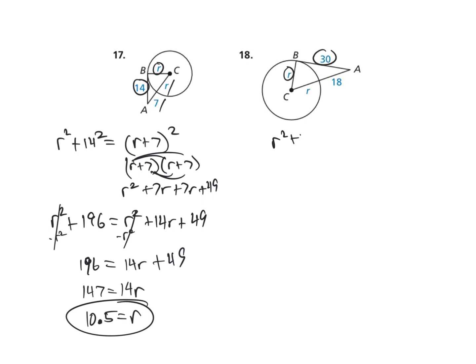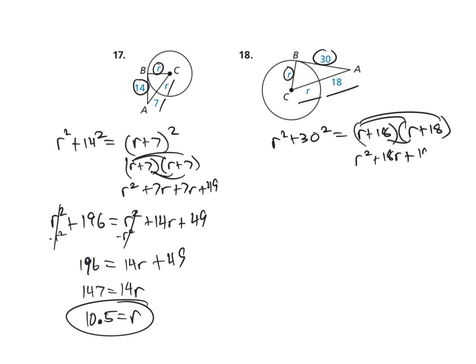All right, there's our legs. r squared plus 30 squared equals r plus 18, and you got to square it. r squared plus 18r plus 18r plus 18 squared is 324. And this is r squared plus 900.